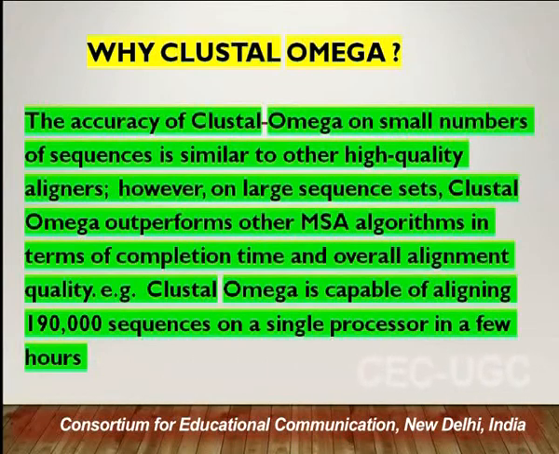For example, Clustal Omega is capable of aligning 190,000 sequences on a single processor in a few hours. Processing time is quite important. We'll talk about that in the next section, where I'll show you the running of my 230 sequences in one go for multiple sequence alignment, and how the time gave us a lot of problems.